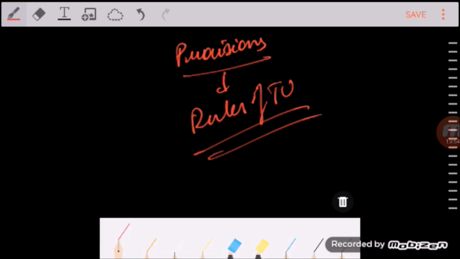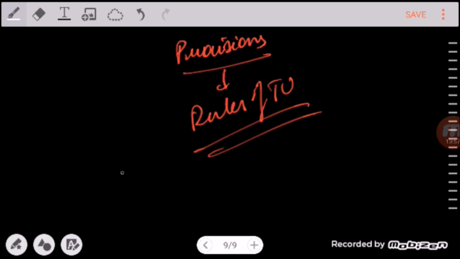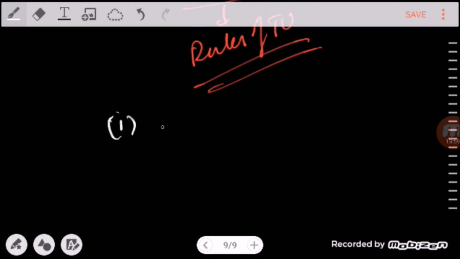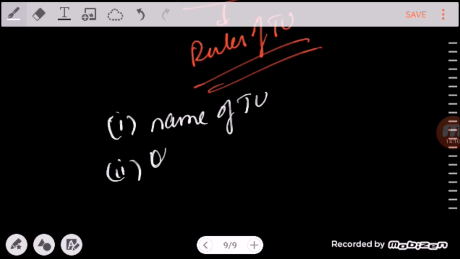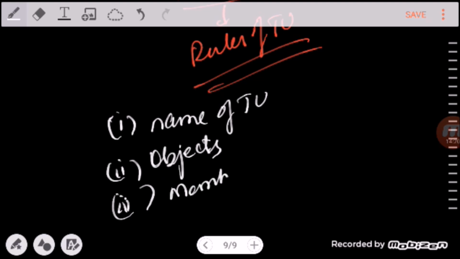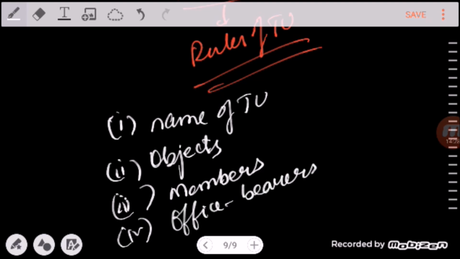It must contain, first, the name of the trade union; second, the objects for which the trade union has been established; third, the list of members of the trade union; fourth, the list of office bearers of the trade union, etc.